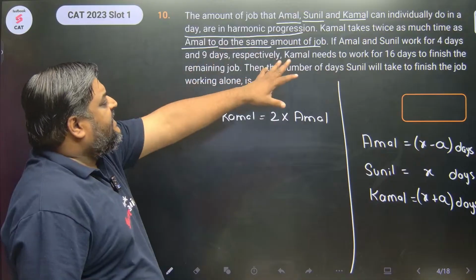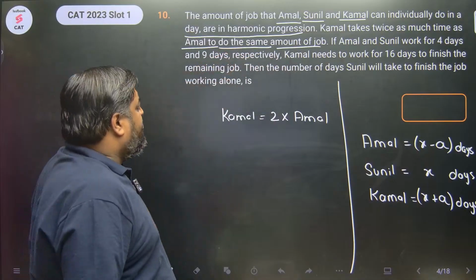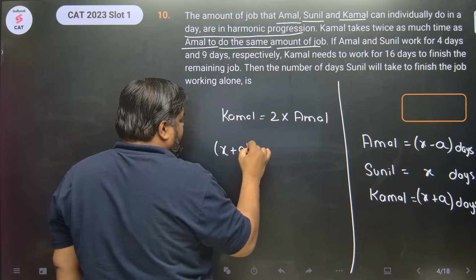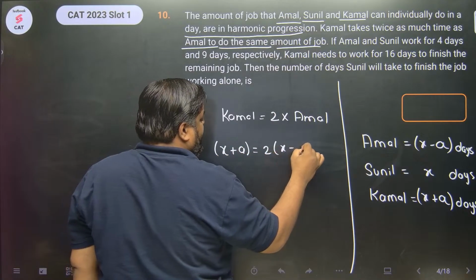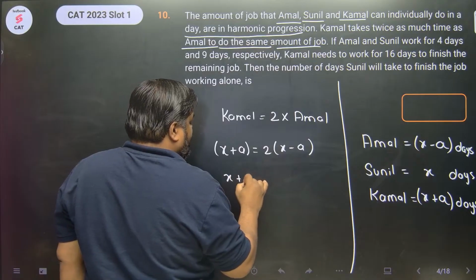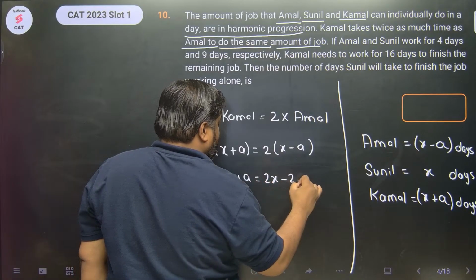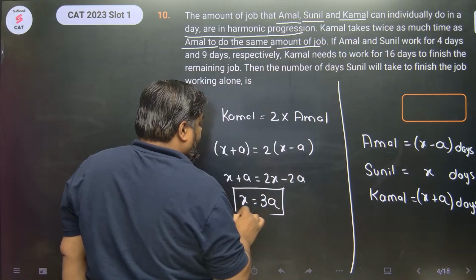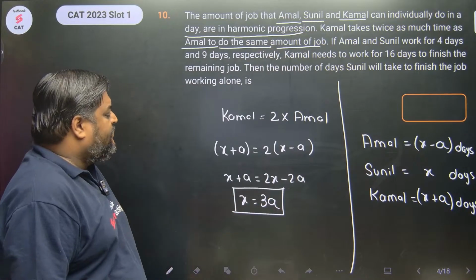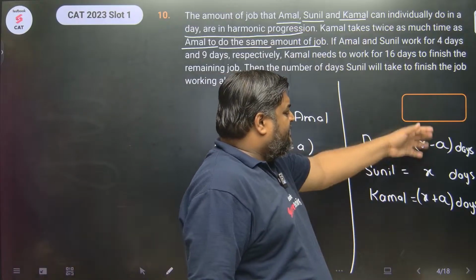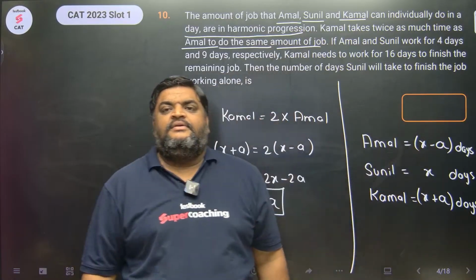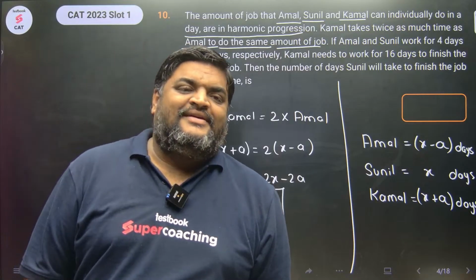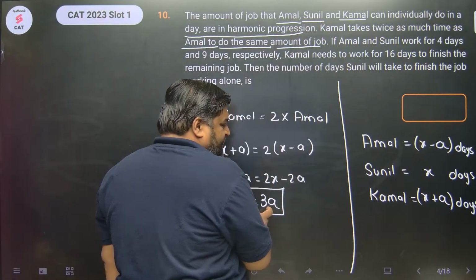Replacing by their variables, x plus a equals 2 times x minus a, x plus a equals 2x minus 2a, so x is equal to 3a.